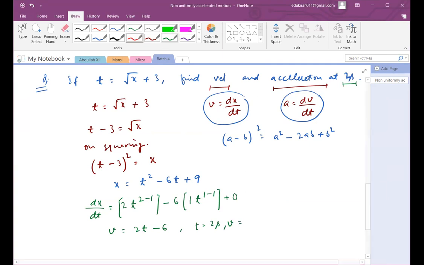Is it understood, clear? Yes, sir. I got confused in that. I did not do the differentiation method. Good, Itsham. Good, Minashi.